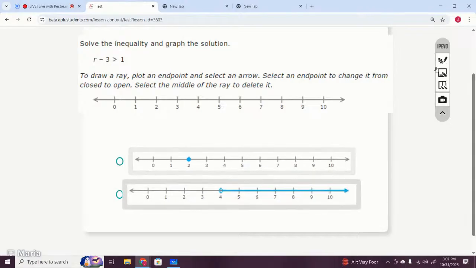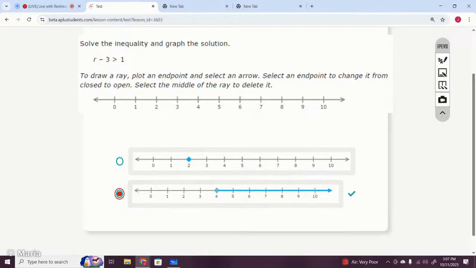So we have an open circle at 4 and the graph is pointing at the right hand side.